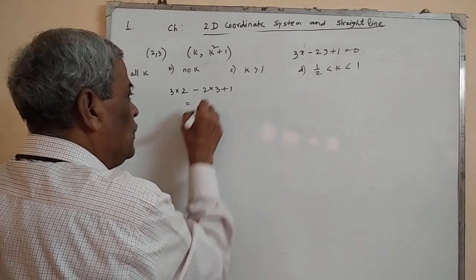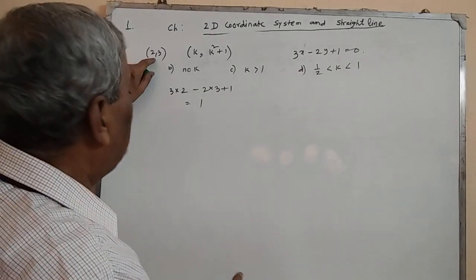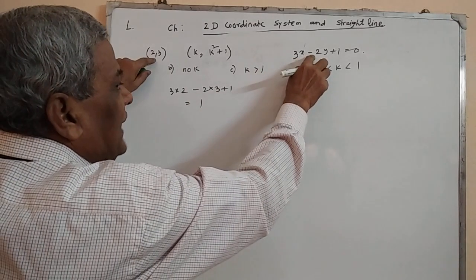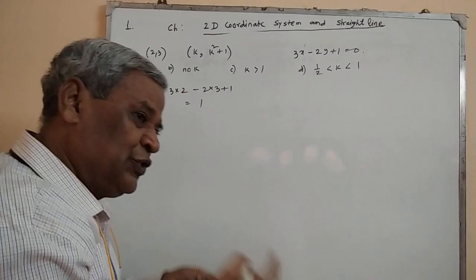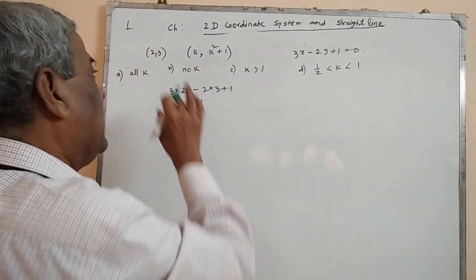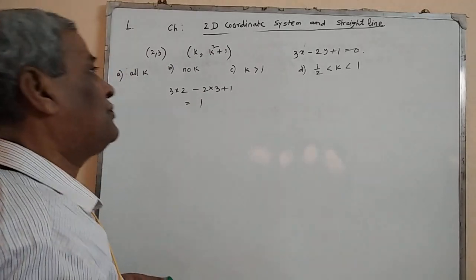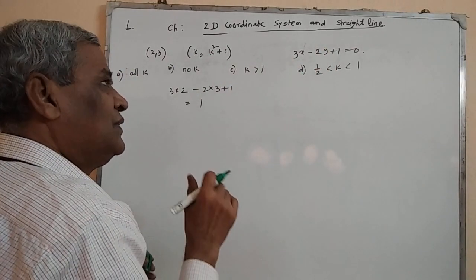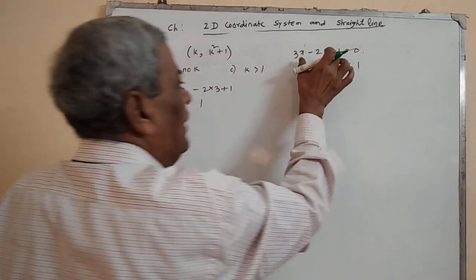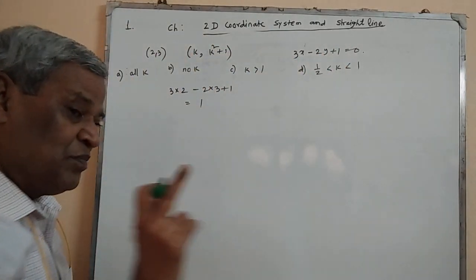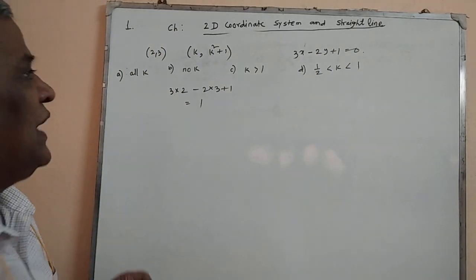It is equal to 1, positive. So by putting this on the left side of that, we get 1, which is positive. Given that these two points must lie on the same side of the straight line, if we put this point on the left hand side of that, it must be positive. Then only they will lie on the same side.